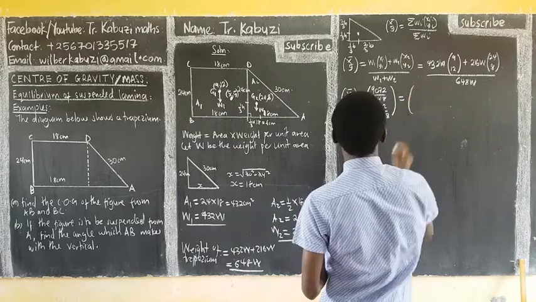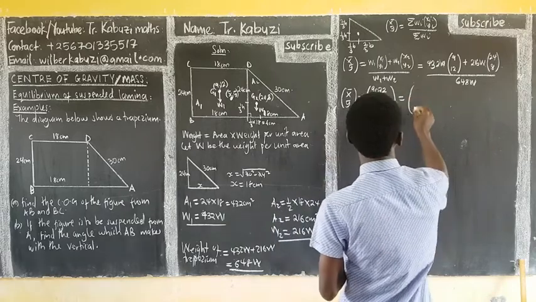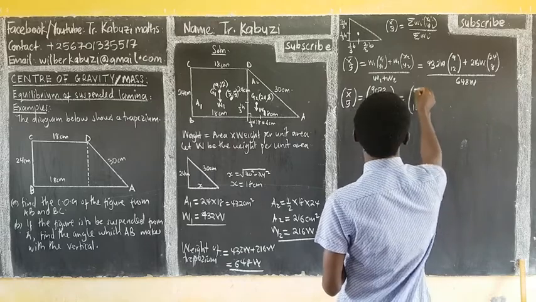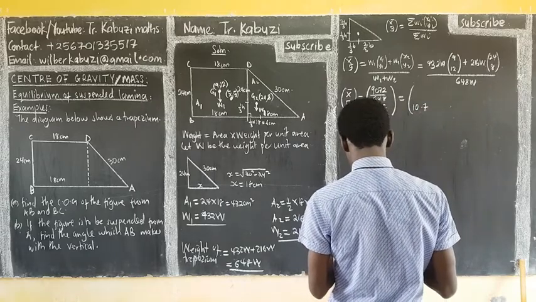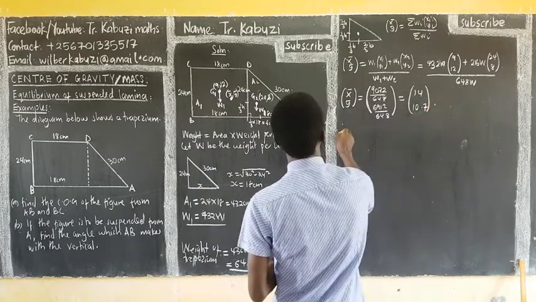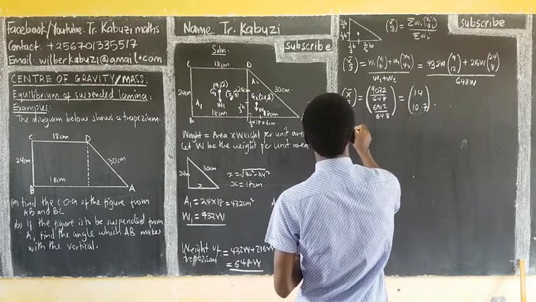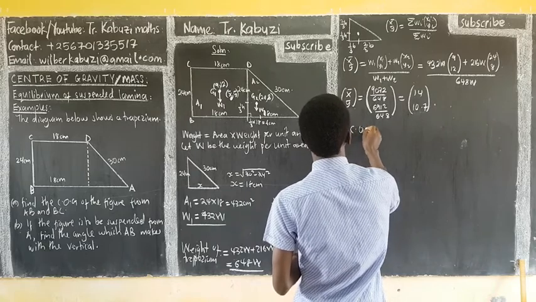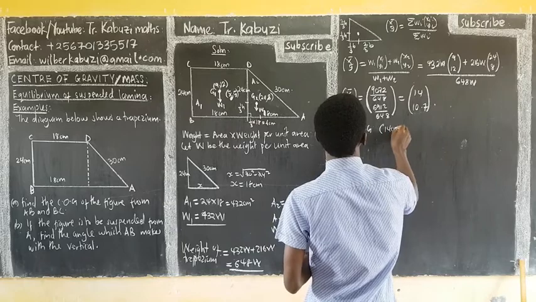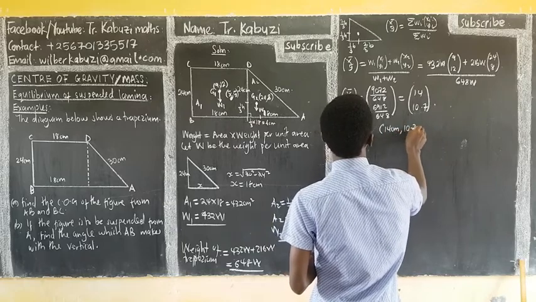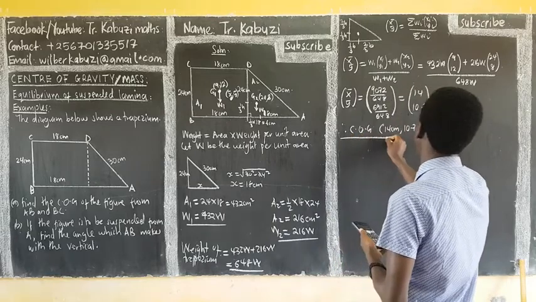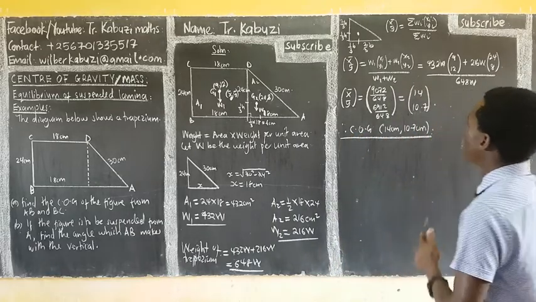So when you simplify that, down I'm getting 10.7 to 1 decimal place, then up I'm getting 14. So therefore, our center of gravity, our x bar, is going to be 14 centimeters, then 10.7 centimeters. This was our part A with ease.